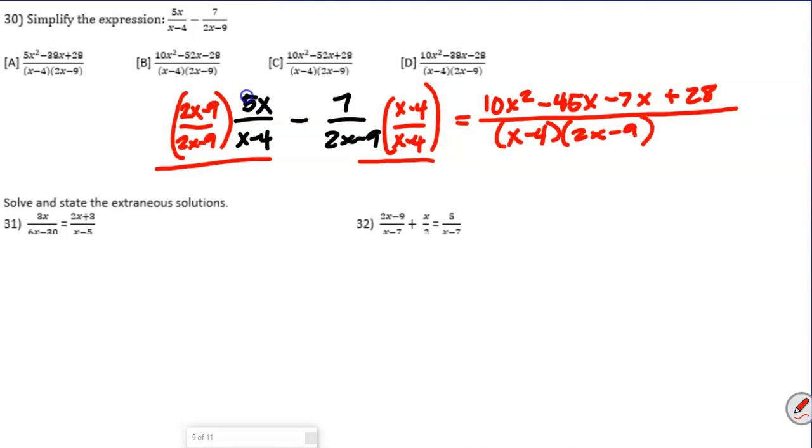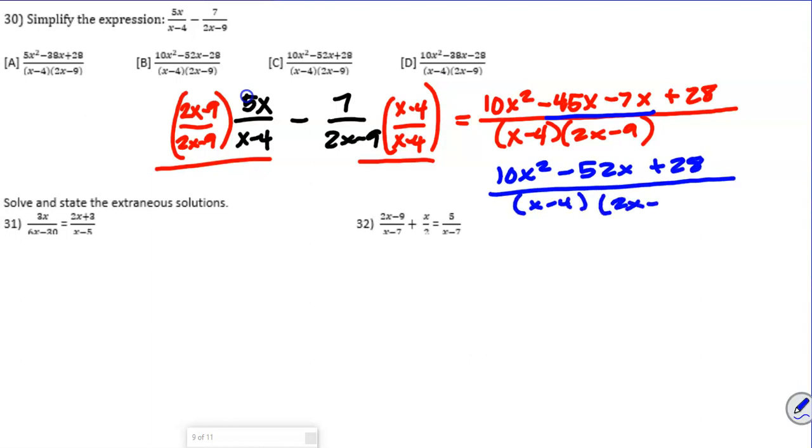Okay. Now I see a pair of like terms that we can combine right here. So that's what we're going to do to get our answer. So it's going to be 10x squared minus 52x plus 28 over our x minus 4, 2x minus 9.